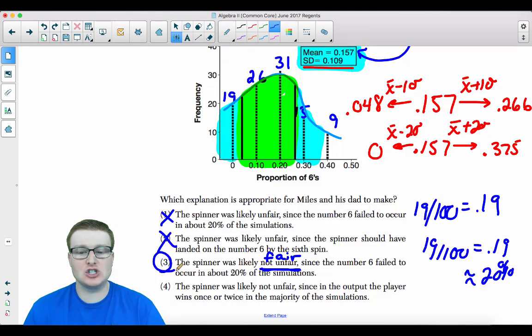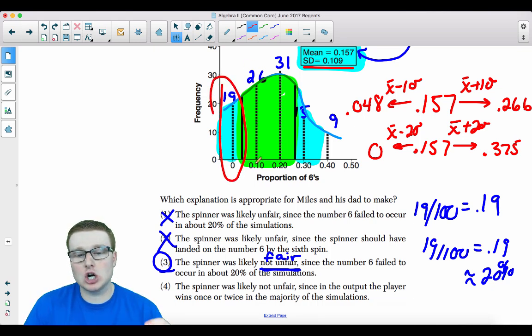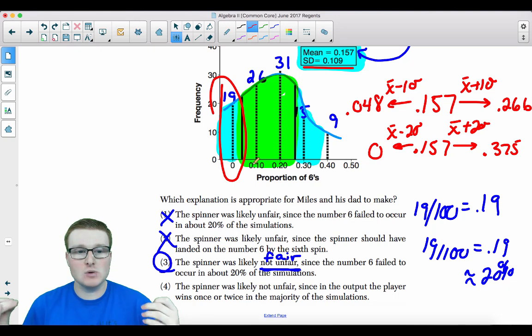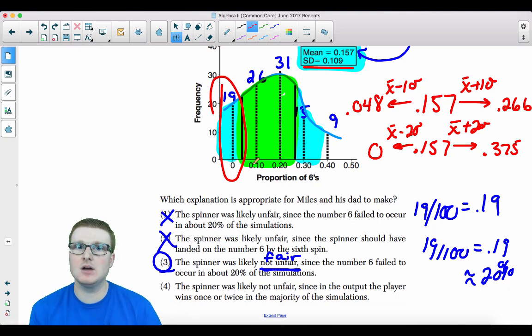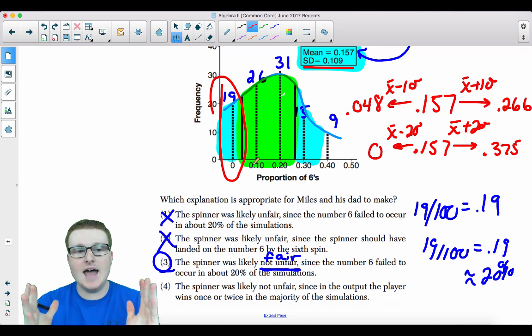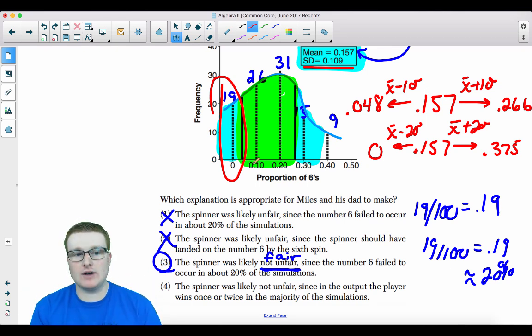He actually has a fair spinner, because on the graph they showed you, it's normal for the number 6 to occur 0 times. It's normal for the 6 to occur 20% of the time. So unfortunately, Miles was unlucky, he's in that 20% of people who don't get the number 6. Okay? And that's completely normal as shown on the graph.